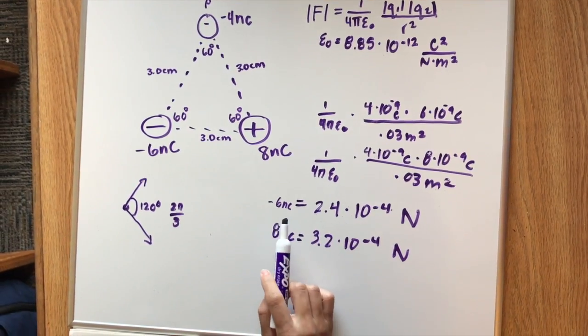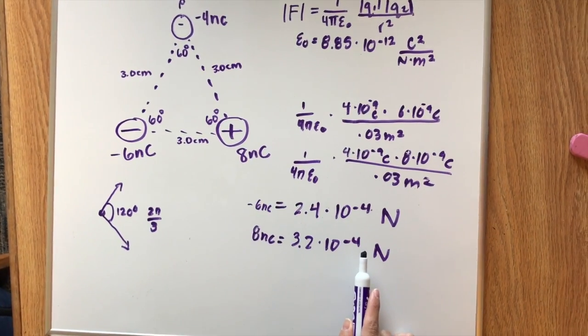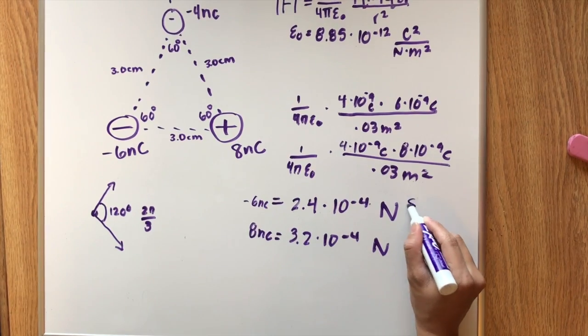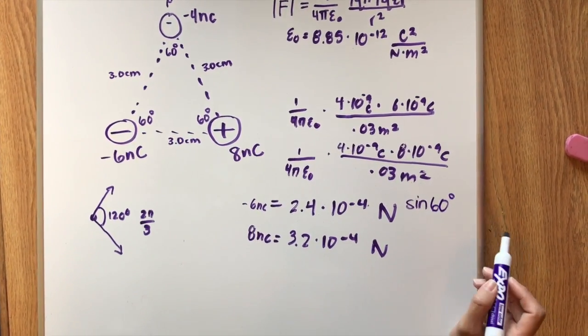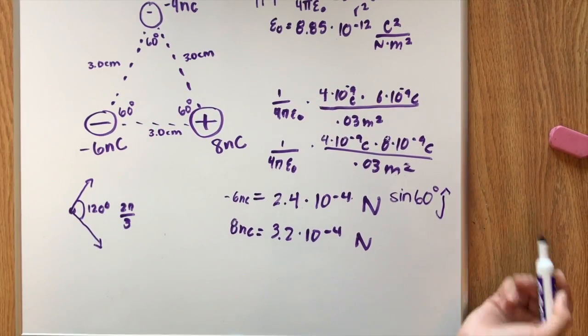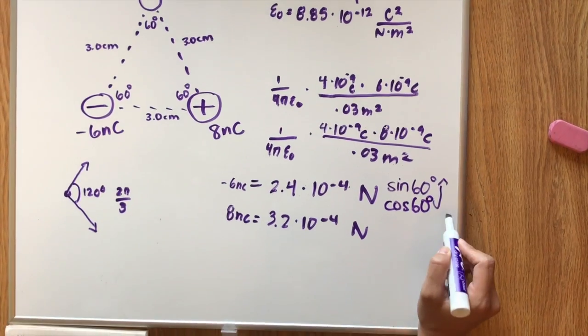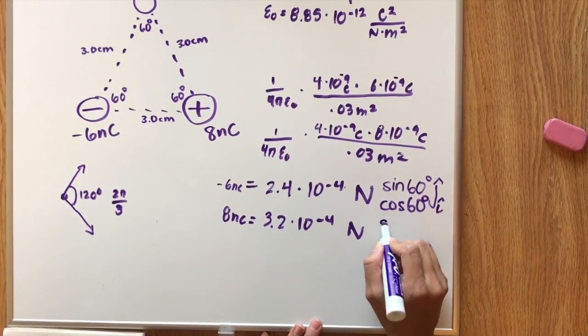Once you have your two total force vectors, you need to find the components for each of them. So you're going to have to multiply by sine of 60 degrees to find the j hat component, and then multiply by cosine of 60 degrees to find the i component, and you have to do that for each of them.